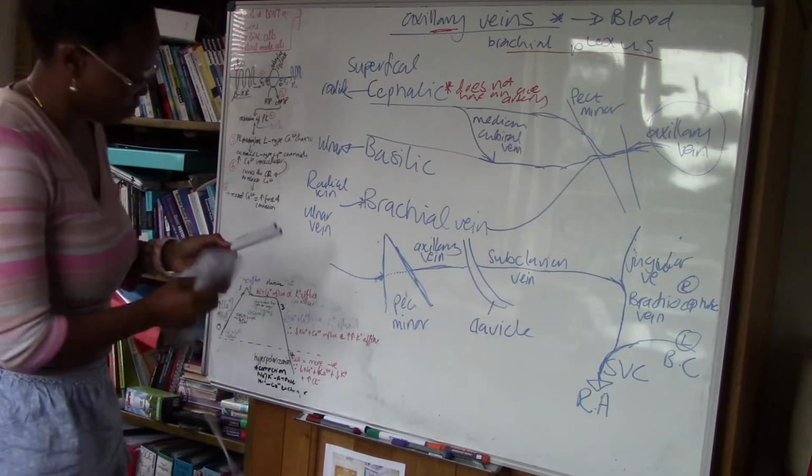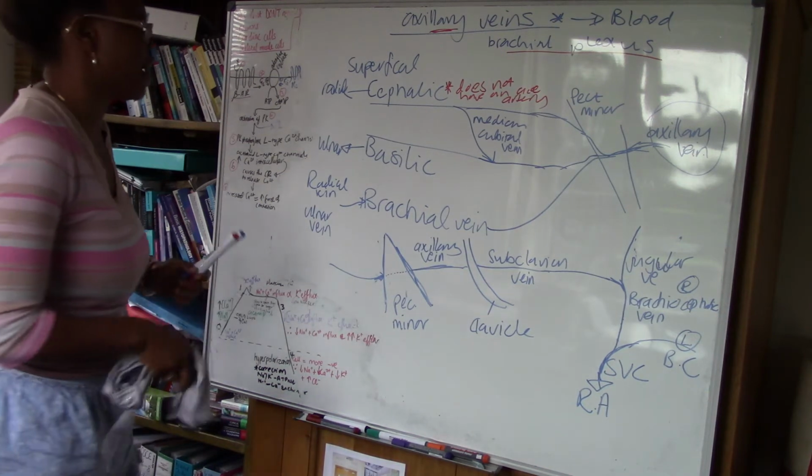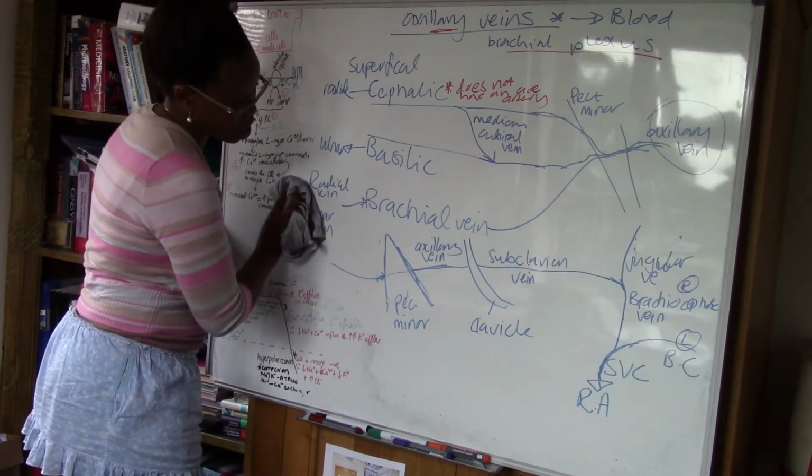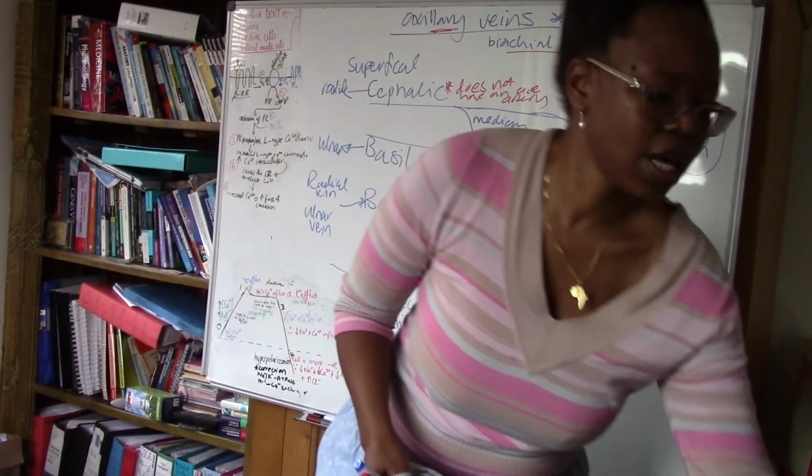So these will be the veins, and then I think I very, very quickly want to cover the muscles at the posterior.